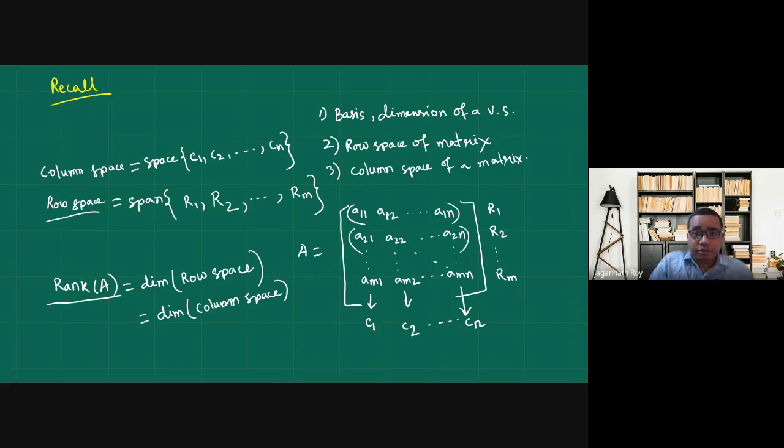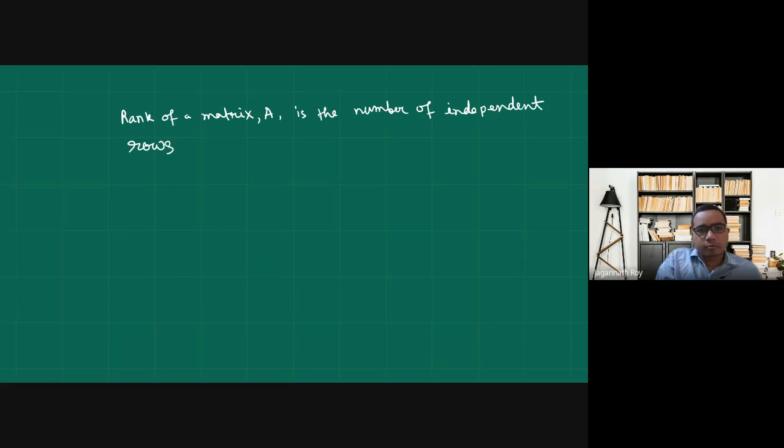Okay. Without introducing the vector space concept, one can define the rank of a matrix A as the number of independent rows, or columns, of the matrix.